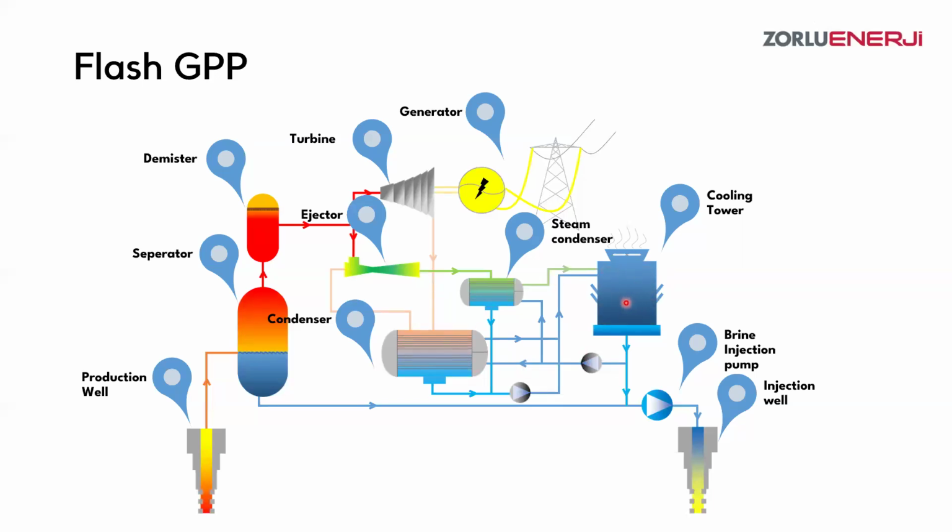And there are two types of cooling towers. One is cooled by air circulating, and the other is cooled by water circulating.